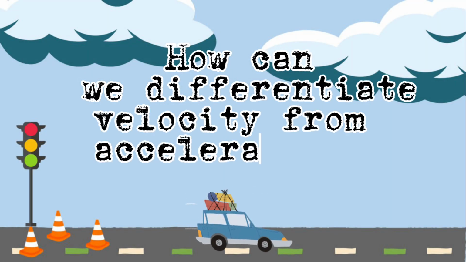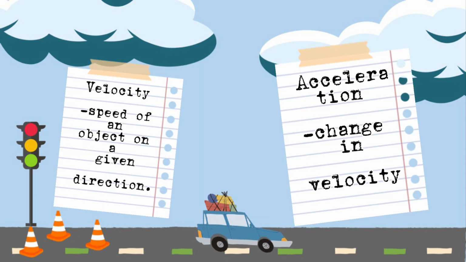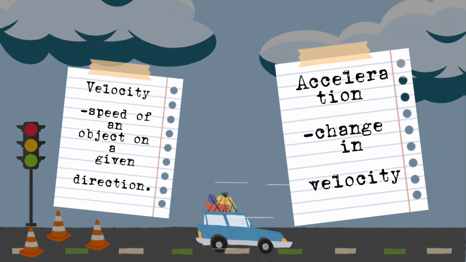Sir, how can we differentiate velocity from acceleration? Well, velocity refers to the speed of an object in a given direction, while acceleration implies any change in the velocity of an object with respect to time. While velocity describes how fast and in which direction an object is moving, acceleration, on the other hand, quantifies how quickly an object's velocity is changing.